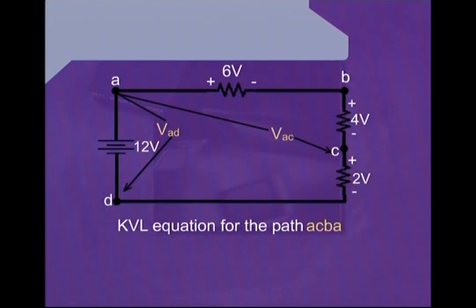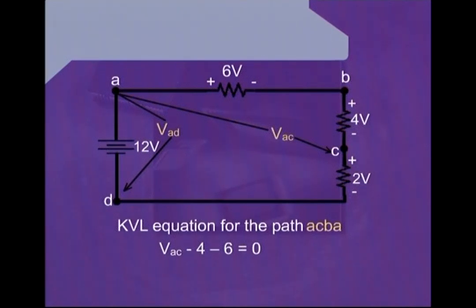Let's start from the point A. Starting from the point A and moving towards the point C, we can see that there is an imaginary voltage source which has been marked as VAC. Therefore, we can write plus VAC. We have considered that the terminal of the voltage source VAC which is towards the point A bears a positive sign.